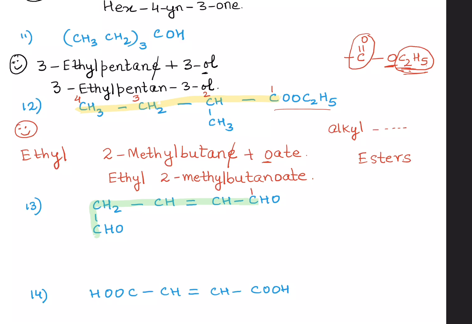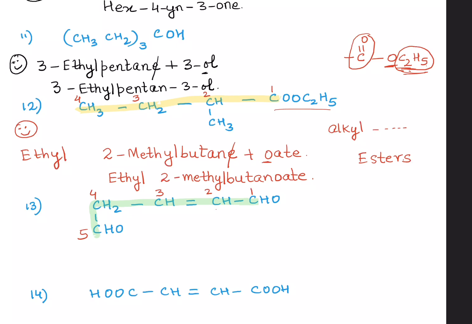So if I number it as 1, 2, 3, 4 and 5. Now many a times the students again have the doubt, why are you numbering this position number 1? Shouldn't this be position number 1 because this is an aldehyde group? Remember, we've been saying all this while, if your functional group has a carbon, we will include it as part of the chain, right?